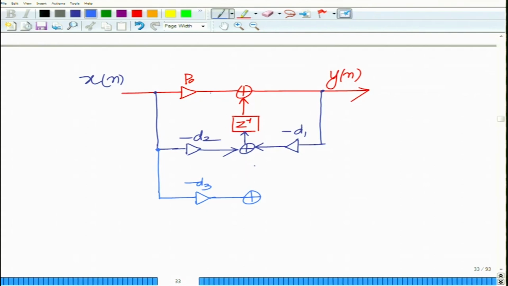There will also be one delay, okay, and I am sorry, this is P1 and this will be P2, okay.